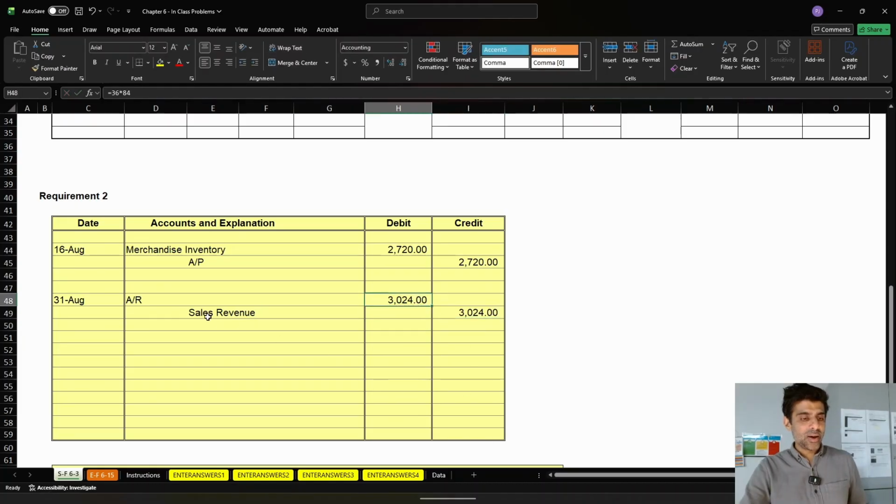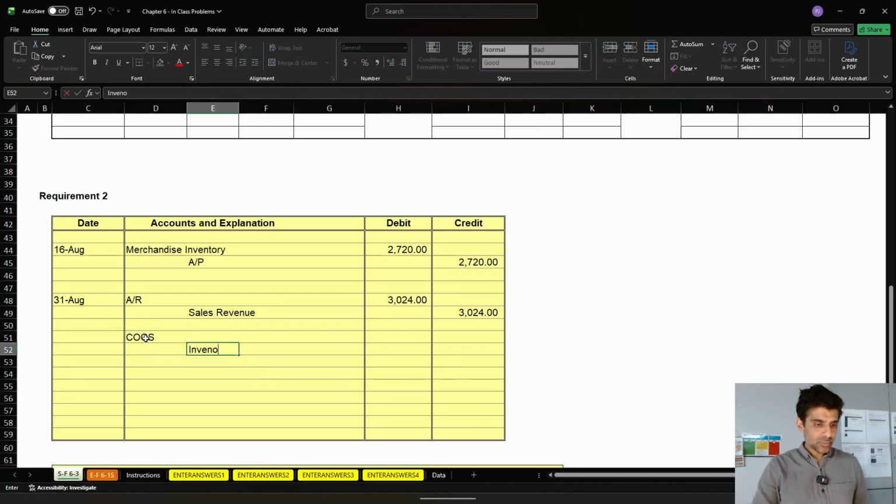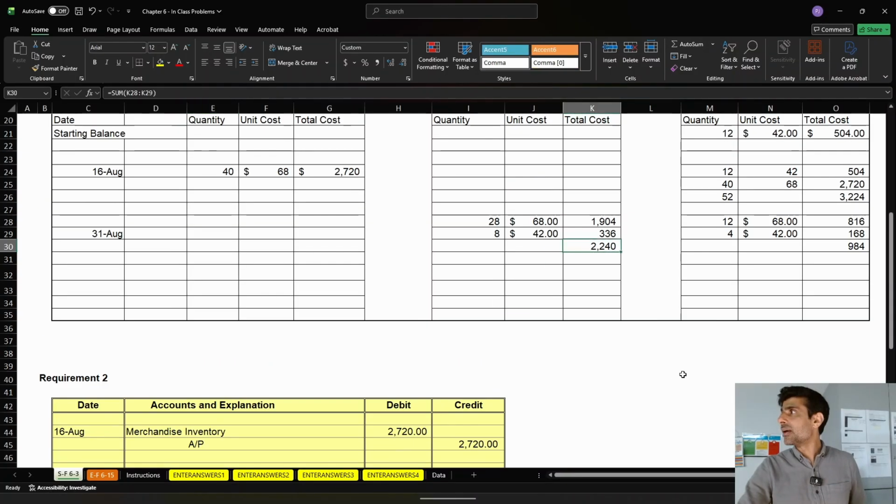So sales revenue, everyone good with this? How we got this? 36 bikes were sold for $84 each. Now we do the second journal entry, which is cost of goods sold and inventory. And I just calculated that right here.